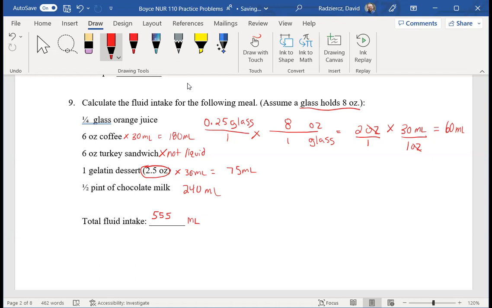So the trick here is just to pay attention to the solid thing, the sandwich, okay? Or it might be a piece of meat, a salad, all those things, because they will get measured in ounces as well, but it's weight ounces, not fluid ounces. If you ever buy a drink at the store, if you pay attention, a lot of times it'll say FL OZ, which tells you specifically it's fluid ounces.